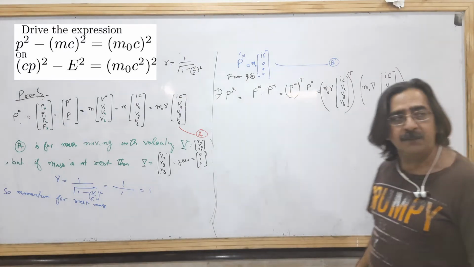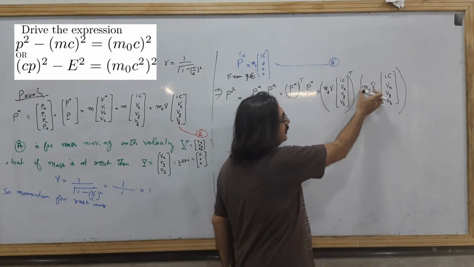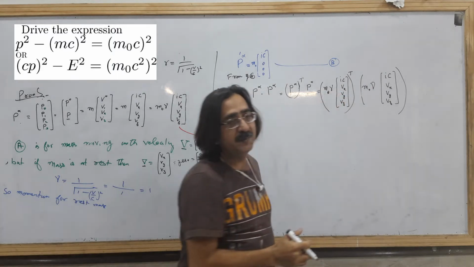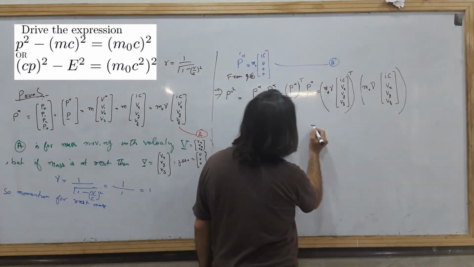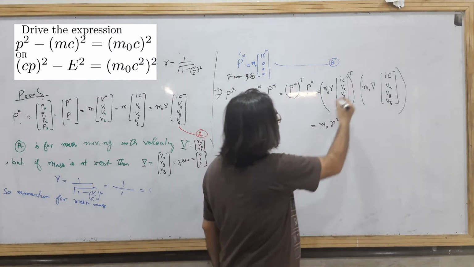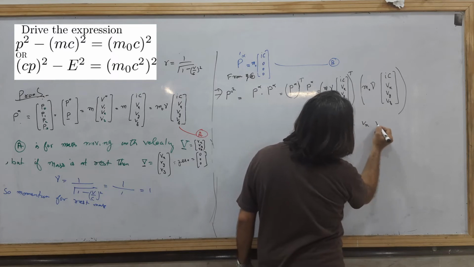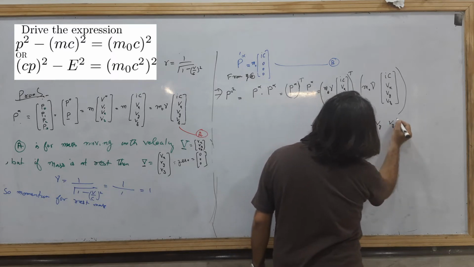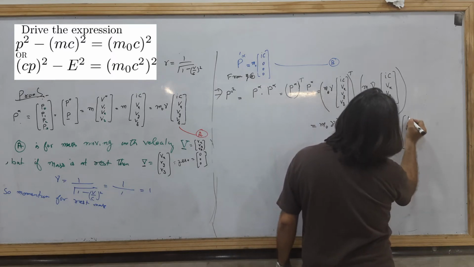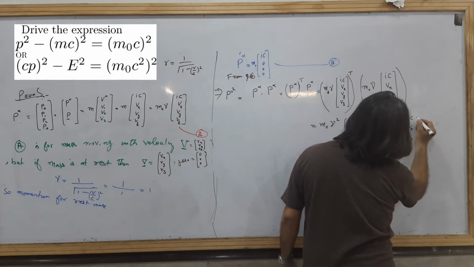When we multiply, these are simple numbers, not matrices, so the transpose will not affect that. That will become m naught gamma square, and this will become i c, Vx, Vy, Vz, multiplied by i c, Vx, Vy, Vz.